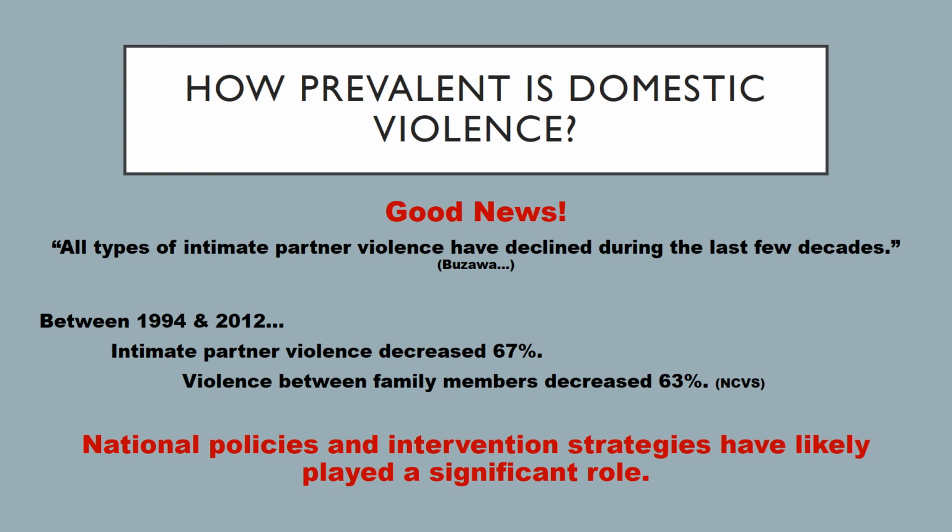And that means that most likely our awareness, our intervention strategies, and our national policy have likely played a significant role in this. But that doesn't mean domestic violence is gone. And as you're going to see on the next few slides, it is still surprising and sad to see just how many people have to experience this, even if it's just once in their life.